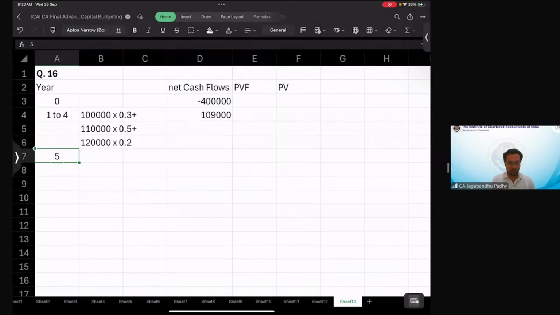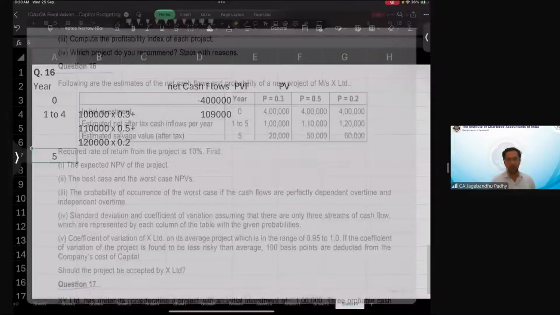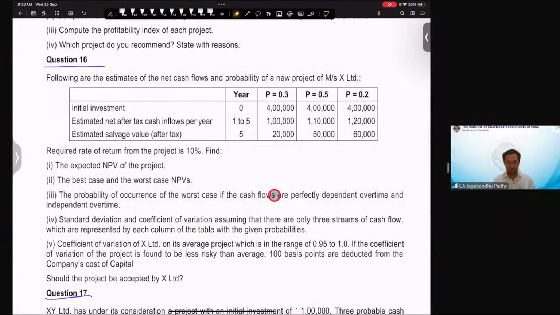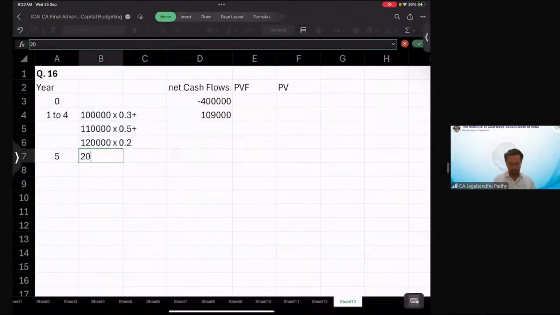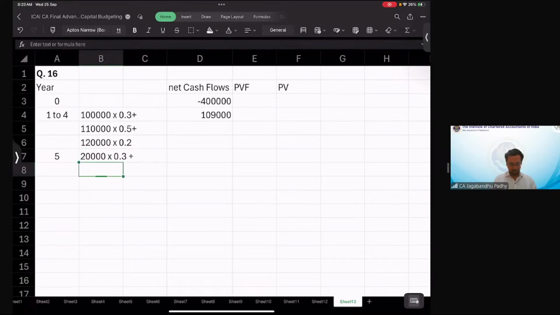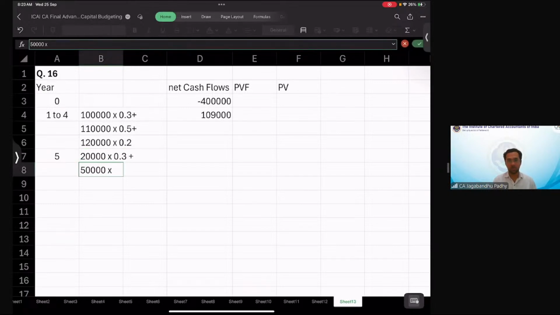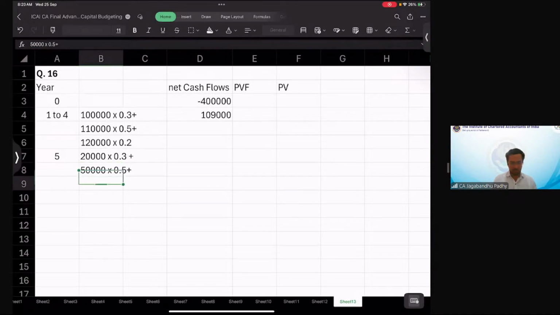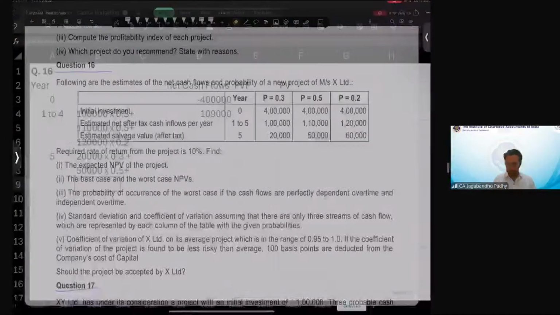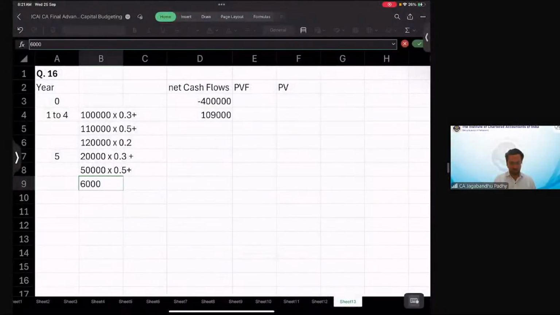there is going to be a salvage value. Again, the salvage value is likely to be varying because salvage value may range from 20,000 till 60,000. So let us say salvage is 20,000 into 0.3 plus 50,000 into 0.5 plus salvage is 60,000, so 60,000 into 0.2.